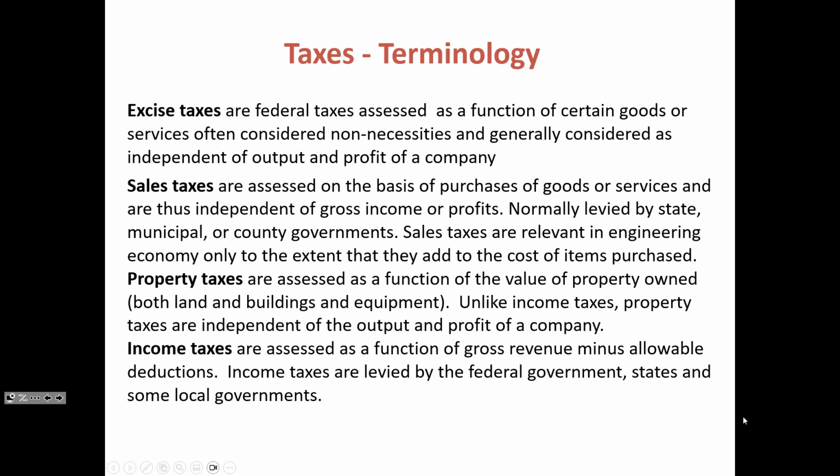Now, we talked about income taxes when we were discussing depreciation and how the reduction in value of equipment over time can be deducted from the income taxes. But income taxes vary a lot from country to country in who has to pay it. Here in the United States, if you're a citizen, you have to pay income taxes even if you're living outside of the United States.